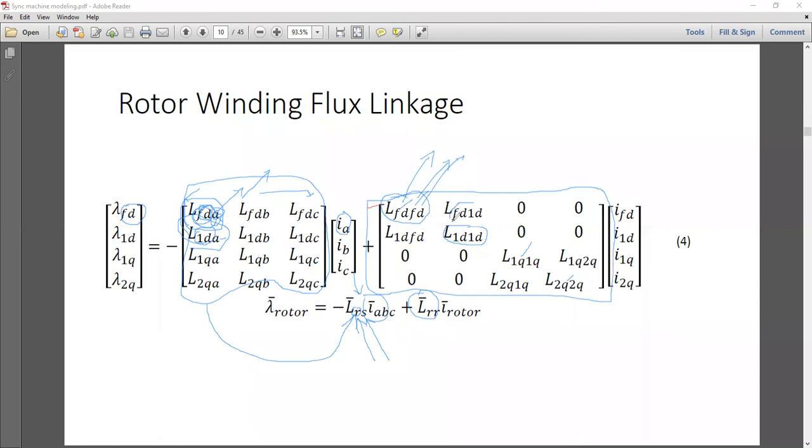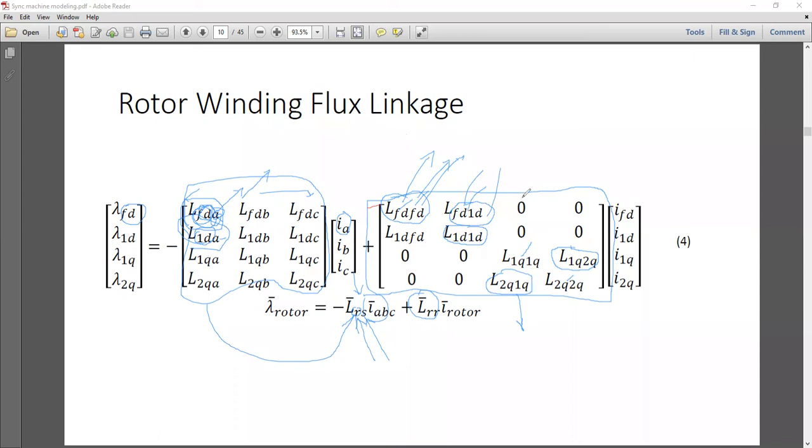And these are the mutual: FD, 1D, this is mutual between the two coils present in the D axis. This is mutual between the two coils in the Q axis, and this is also the mutual between the two coils present in the Q axis.